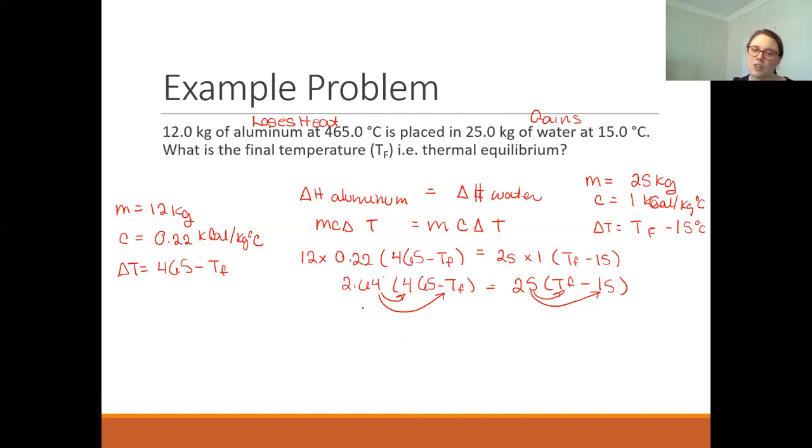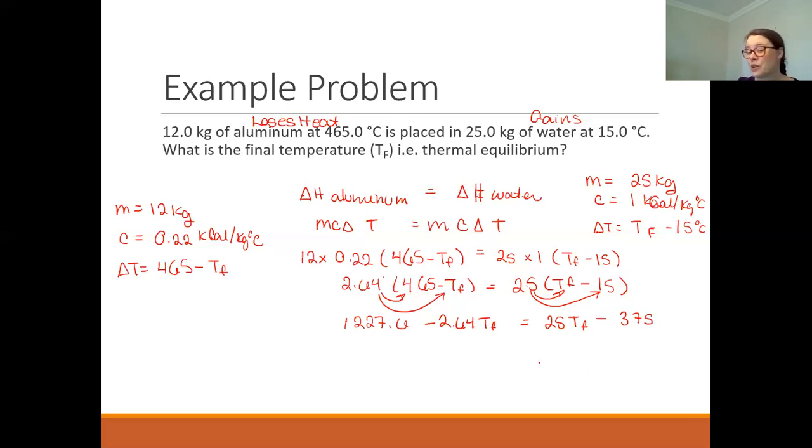All right. So 2.64 times 465 leaves us with 1,227.6 minus 2.64 times TF, which just gives us 2.64 TF, equals 25 times TF minus 25 times 15 leaves us with 375.